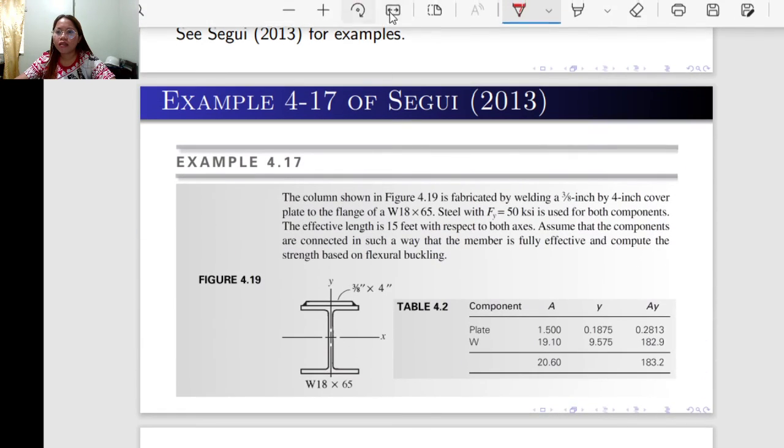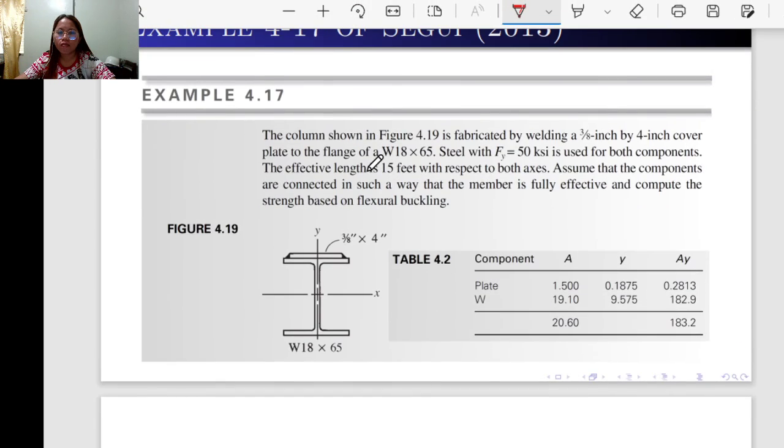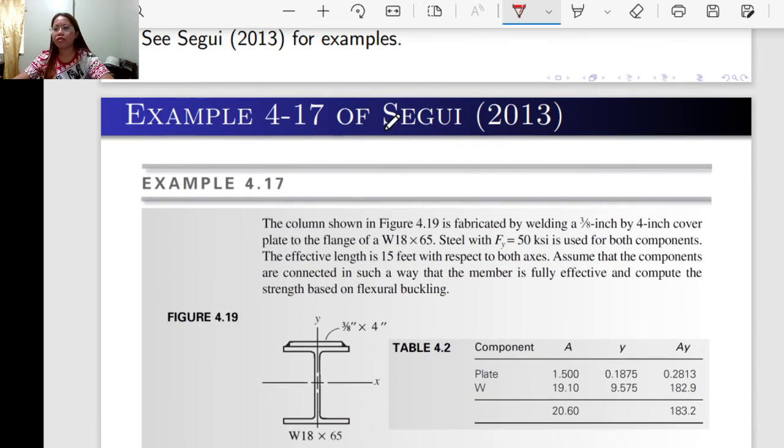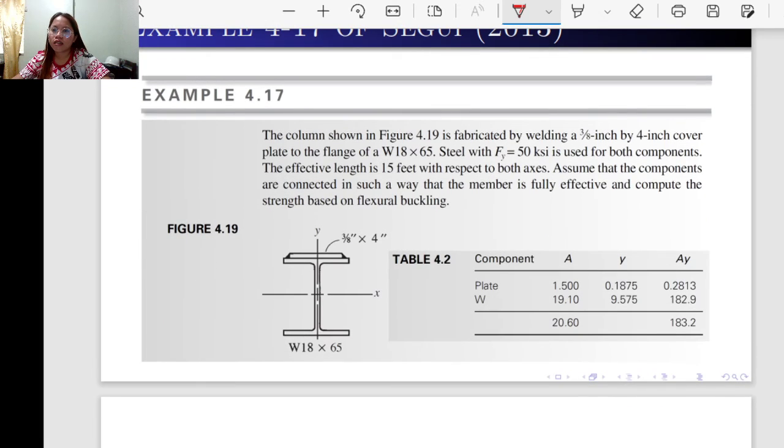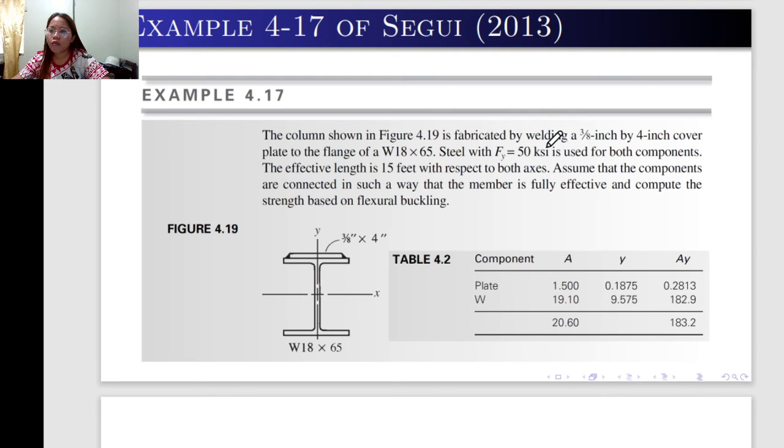We have here an example, 4.17 of the book of Segui, 2013. The column shown in figure 4.19 is fabricated by welding an 8-inch by 3/8-inch cover plate to the flange of a W18x65 steel shape. Fy of 50 ksi is used for both components.